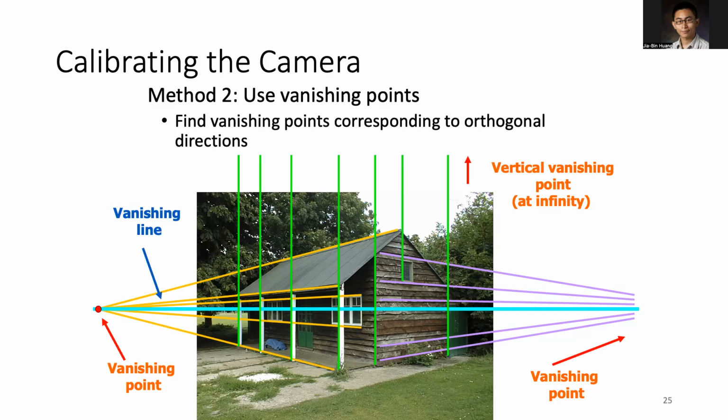Then you form hypotheses: by sampling two line segments, you get a vanishing point hypothesis. You can vote and see which one has the most inliers. That's how vanishing points are detected automatically.